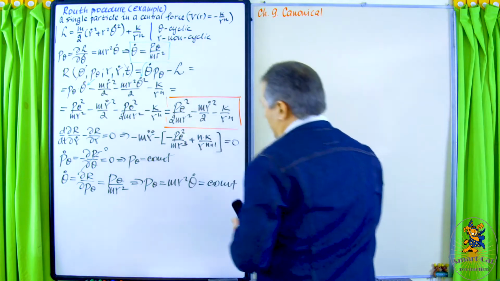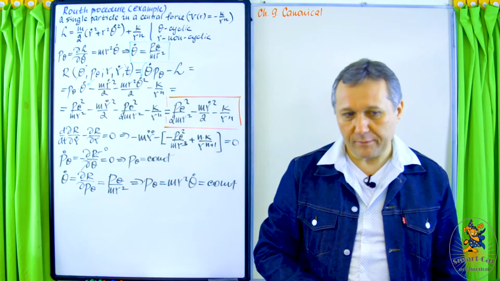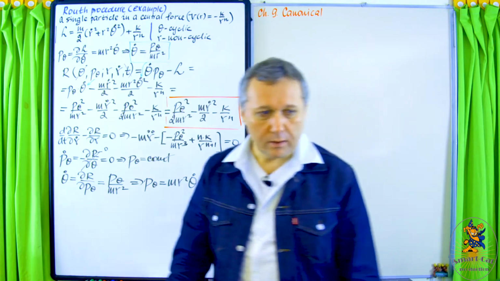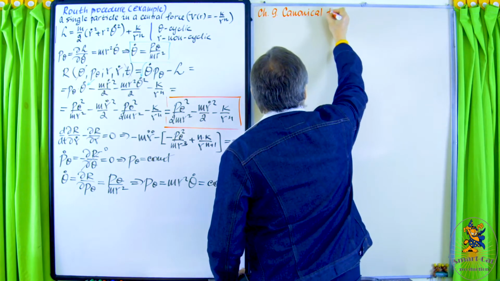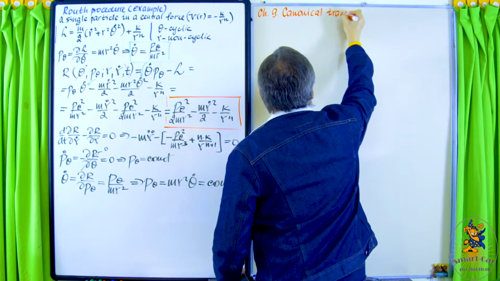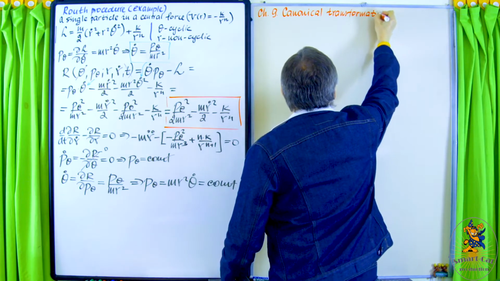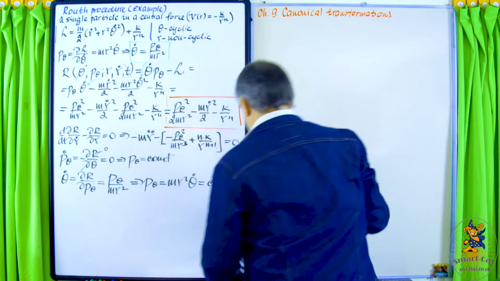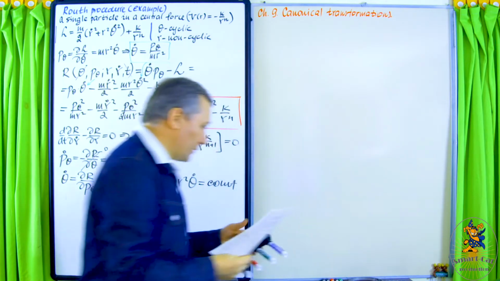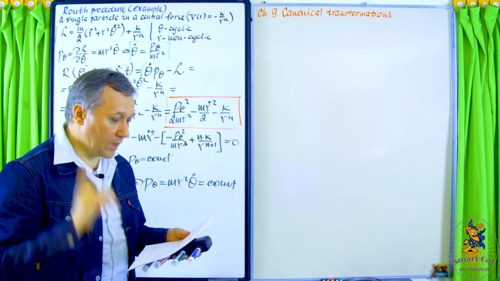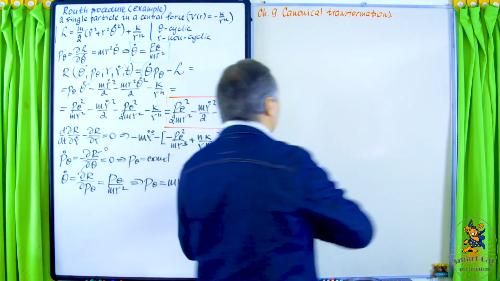Pretty much the whole chapter will be about going somewhere in an attempt to make your life easier, in terms of solving the problems. Canonical Transformations. Okay, and what should I write? Probably, how can we simplify our life? Okay, let me title this.